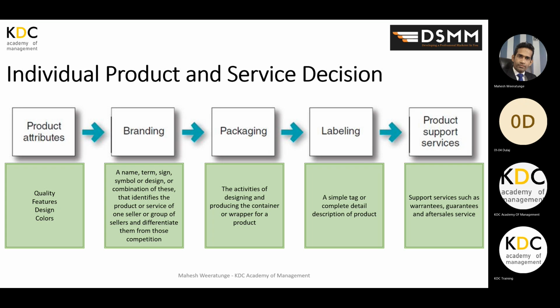In our case, we very recently launched a Foundation Certificate in Marketing program for students after O-levels. The product attributes are the program contents. The FCM Foundation Certificate in Marketing is the brand. Packaging means all the things included: the brochure, the institute location and everything connected. Labeling means the directions we give to complete it and whatever other services.